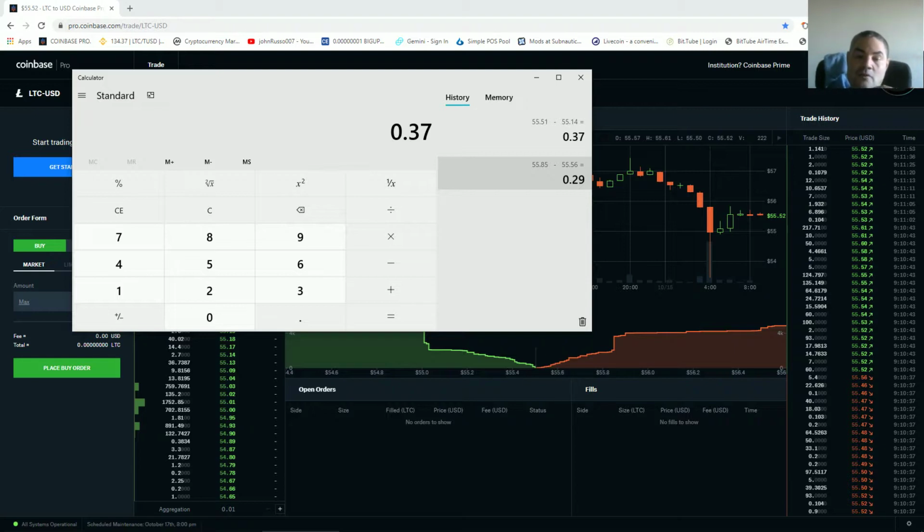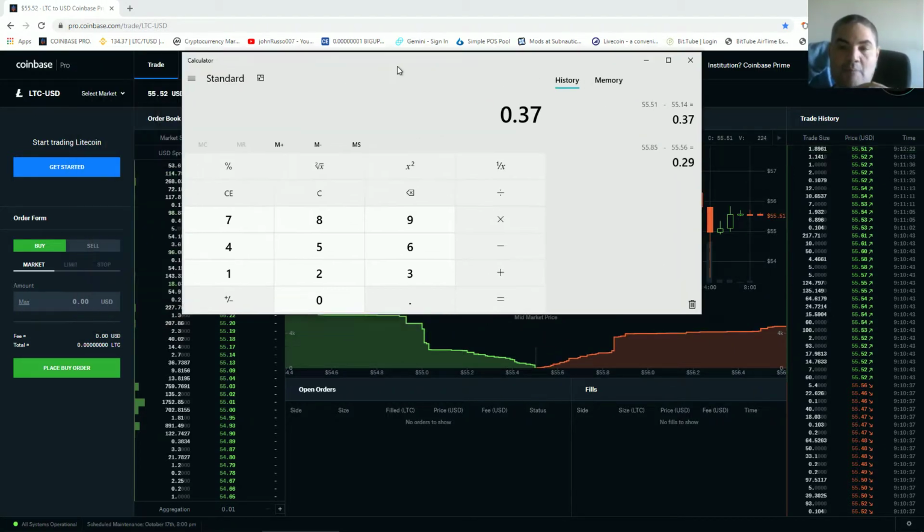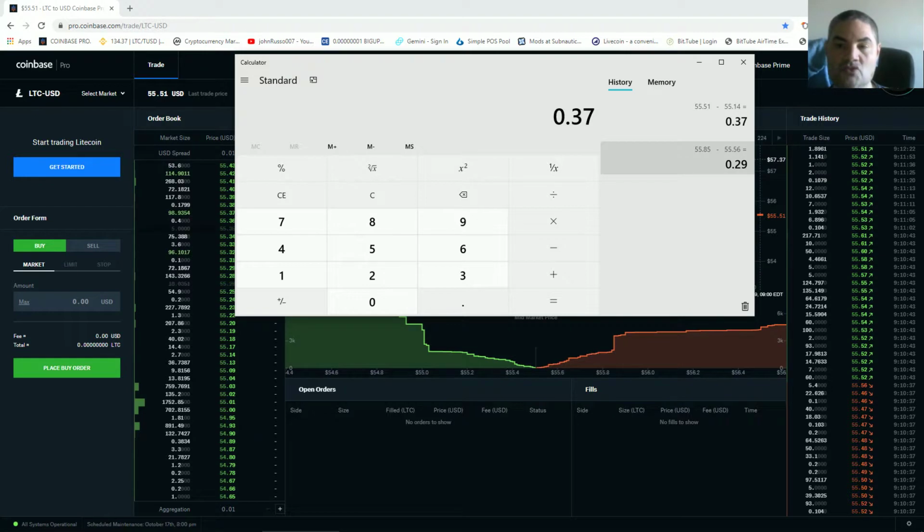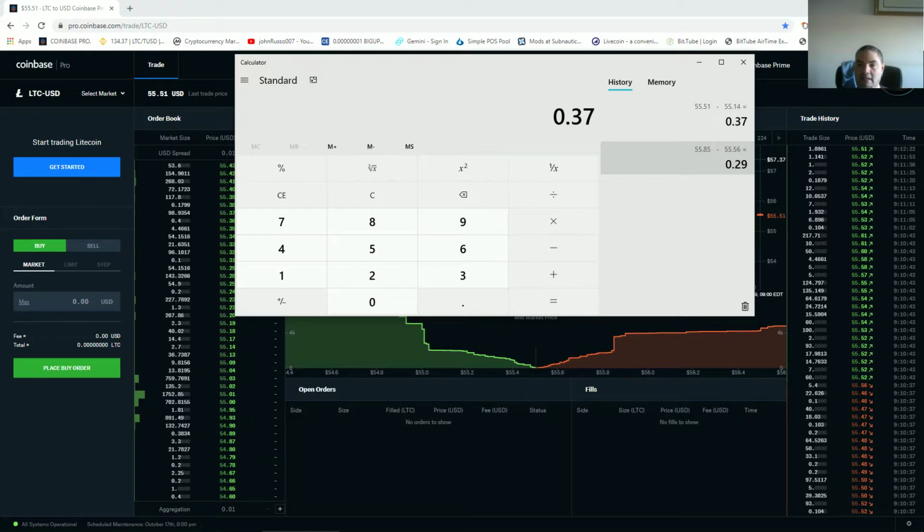Now, if you want to see when he's getting ready to pump it up, you'll notice that the buy wall will be closer to the mid-market price than the sell wall. Then you know we're going up. He's going to reverse the trend. You have to keep track of these numbers.